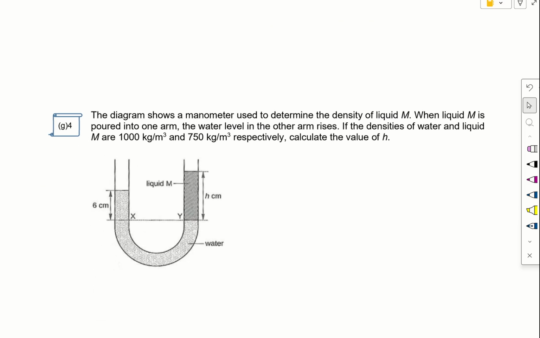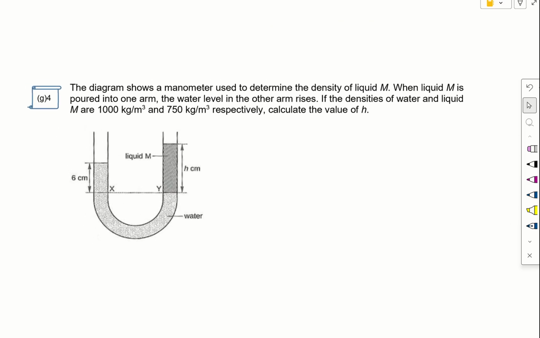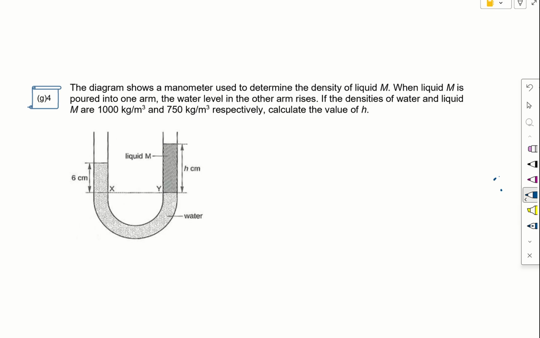Now the diagram shows a manometer used to determine the density of liquid M. When liquid M is poured into one arm, water level in the other arm rises. So we can actually see that for the water, we only need this small height of water to balance off with this height of liquid M, which is actually a higher height of liquid M. Therefore, liquid M must be less dense.